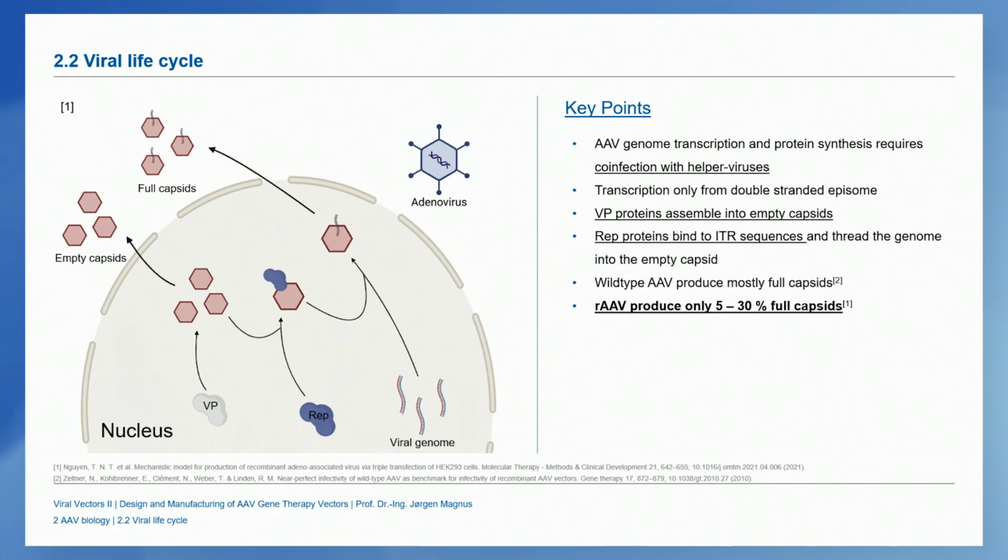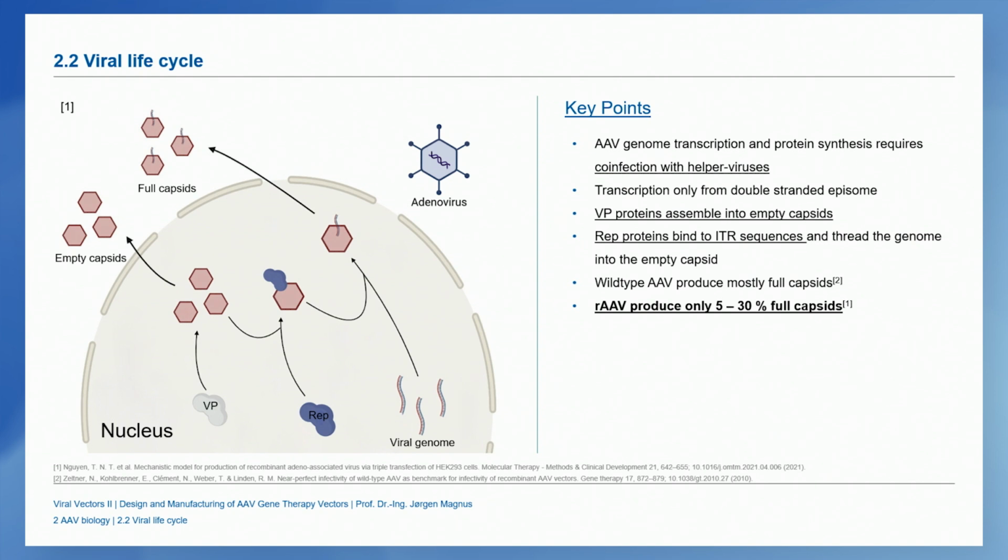It needs the cap genes to produce the capsid, it needs the rep genes, and then it needs the virus genome. But in addition, it also needs helper functions that can be added by an adenovirus.